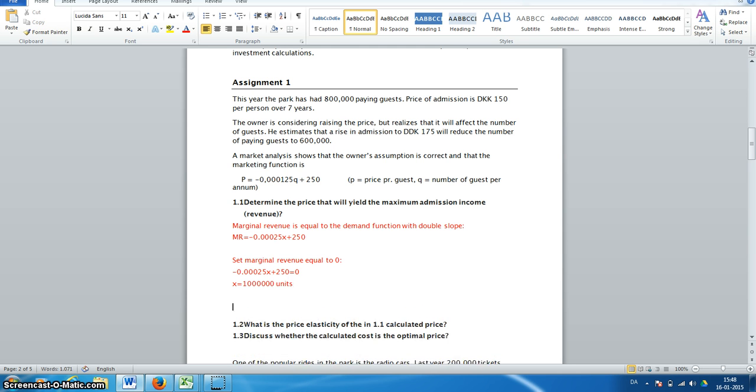So that's the first step. The next step is to insert x, which is equal to 1 million units, into the demand function.